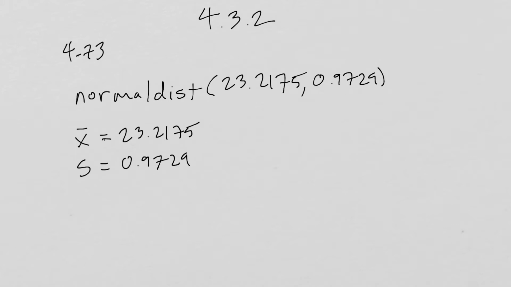If we want to look at what this is doing on our graph, we need to scroll to the right, and we see that little bump there, right? That's our normal curve. We've talked about the bell curve. And so it wants to do a normal distribution curve from 19 to 27.